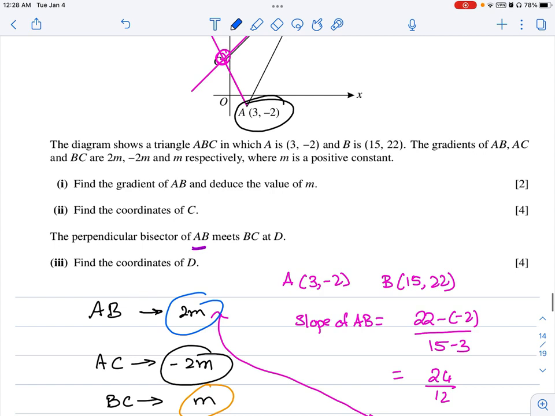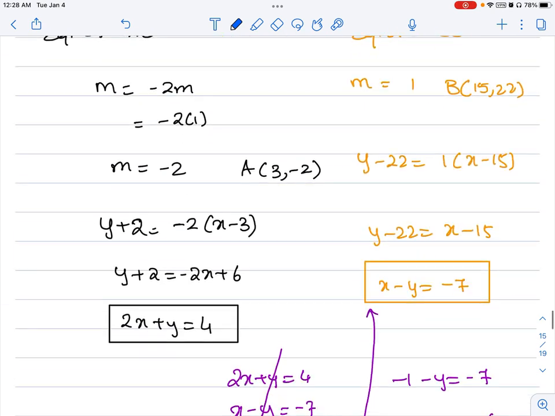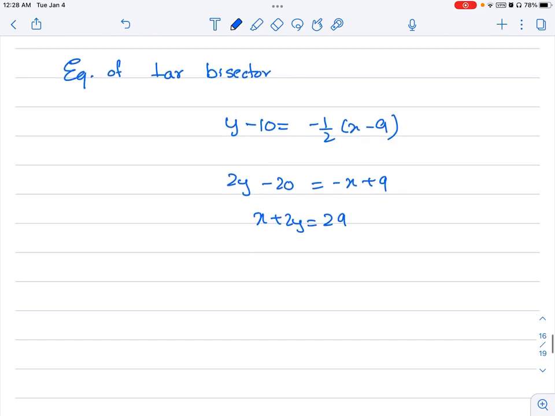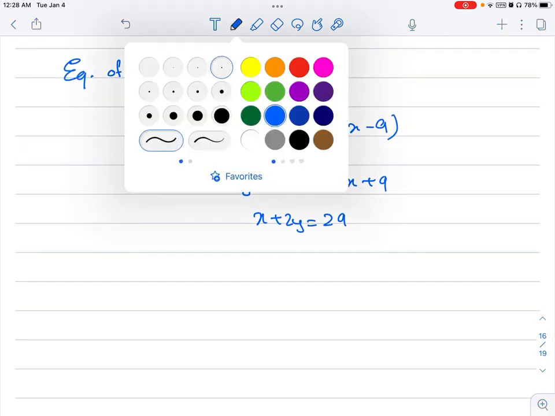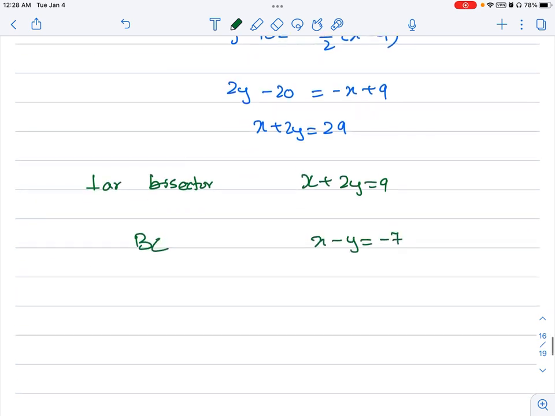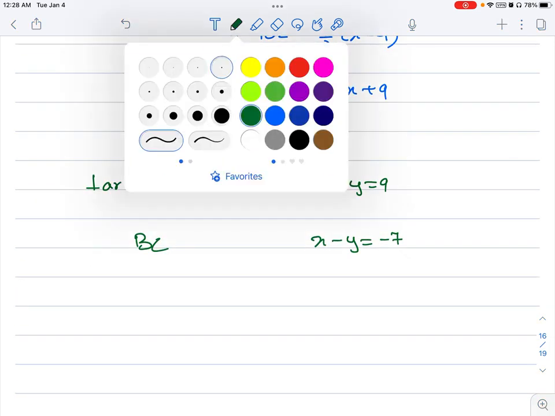He says it meets BC at D. We found the equation of BC over here: x minus y equal to minus 7. So we take those two equations. Perpendicular bisector equation was x plus 2y is equal to 29, BC's equation x minus y equal to negative 7. Solve these two simultaneous equations.